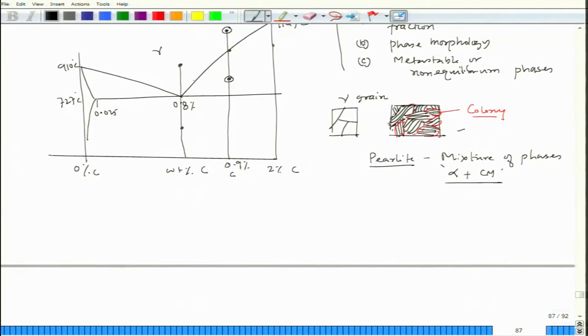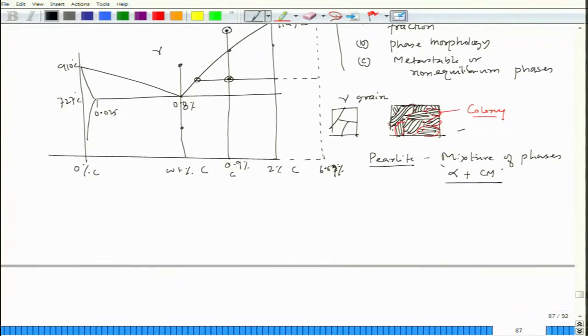For example, if I do this, so this would be the composition of gamma at this particular temperature, and the cementite would have composition somewhere on the right side, because if I try to draw a line here, if I indicate that this is 6.67% carbon, which is the carbon concentration in cementite.